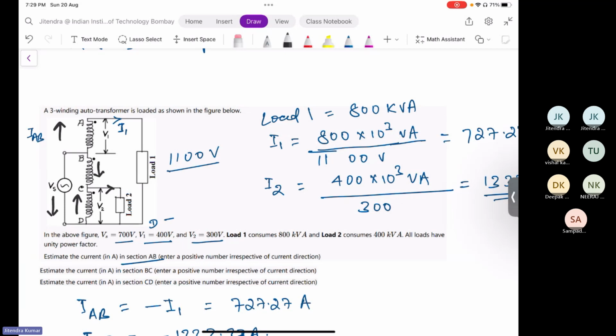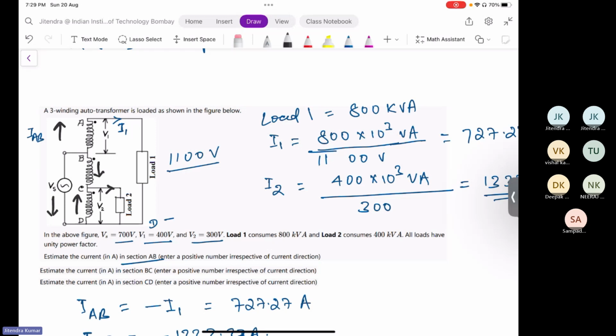Yeah, if there is only one load, but here two loads are there. So you can easily identify about CD and AB, but about BC, it is difficult to say just by observing. So for that, you need to compute and see whether load 2 is catered by BC or load 1 is catered by BC.